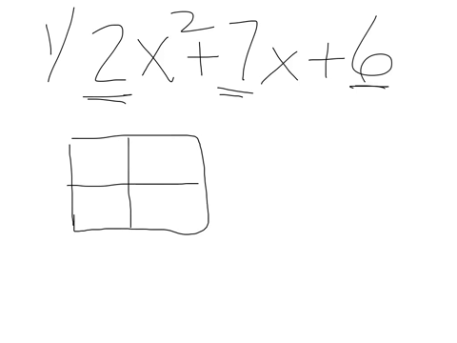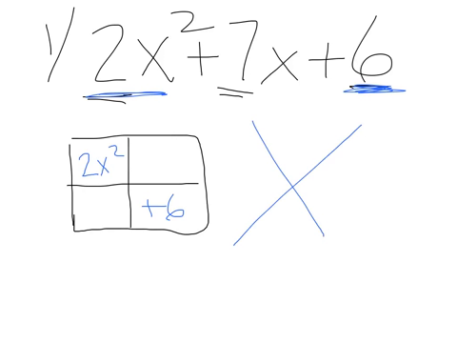Here we go. First term, 2x squared. Third term, plus 6, with the x factor. So what do we get here? We get 12x squared.